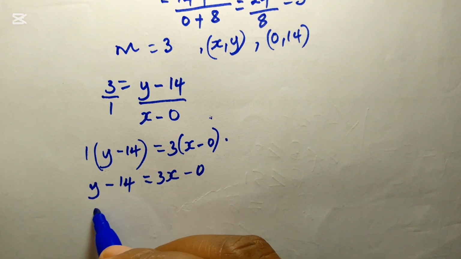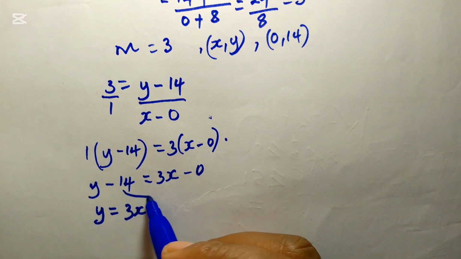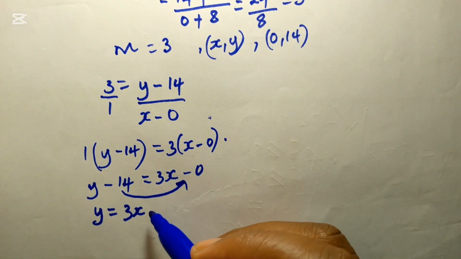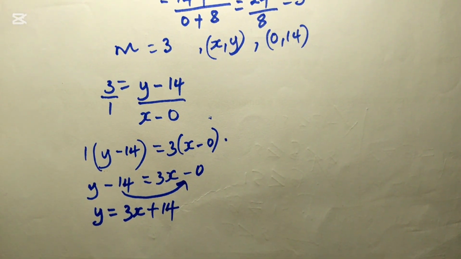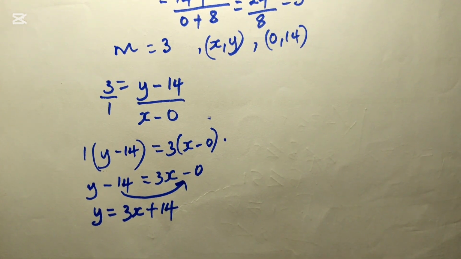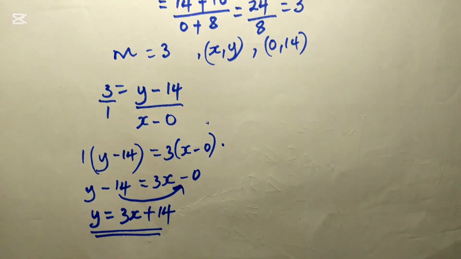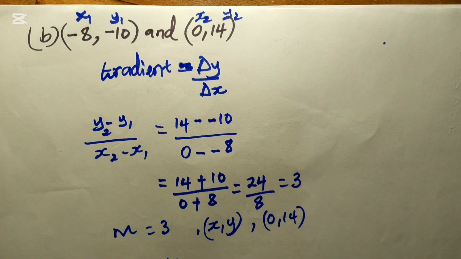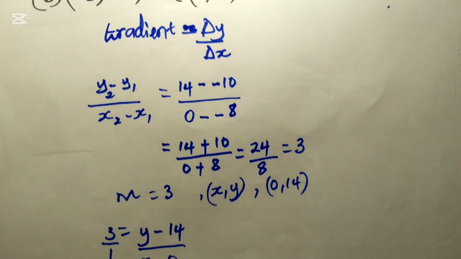Then we have y being equal to 3x, and we take negative 14 to the other side and it changes to positive 14. Minus 0 is just 0. So y equals 3x plus 14 is the equation of the line passing through the points (-8, -10) and (0, 14).